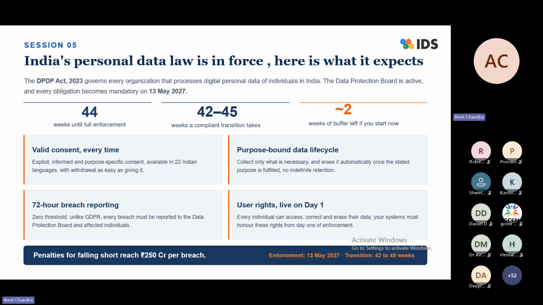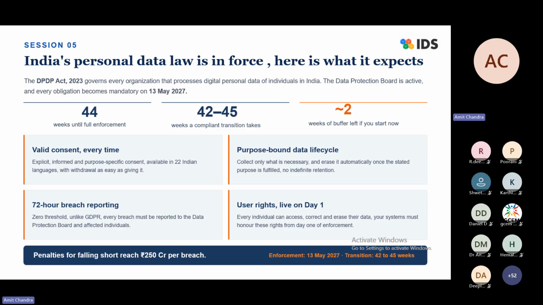And who is managing this entire DPDP compliance? There is a Data Protection Board, which looks after whether a particular organization is following this compliance or not. This Data Protection Board directly reports to the Supreme Court. It is going to be mandated by 13th May 2027. So we know that we are left with very few weeks, that is 44 weeks.